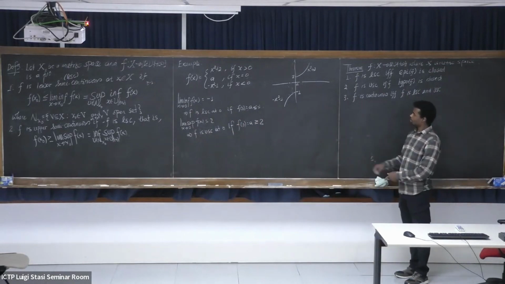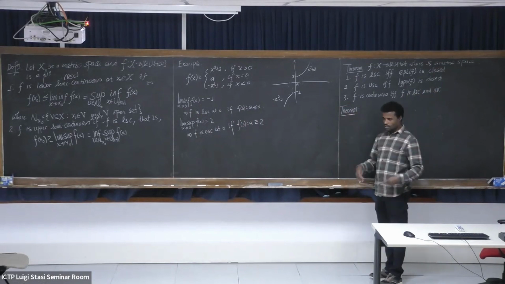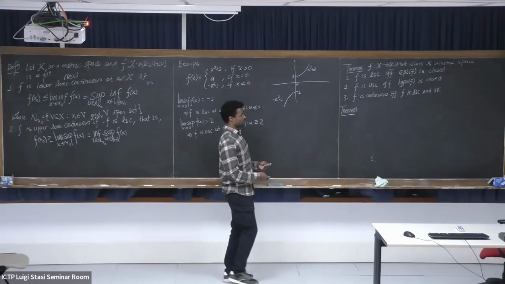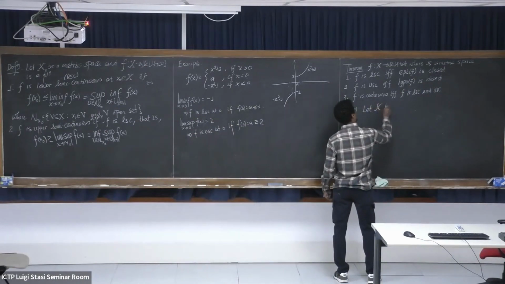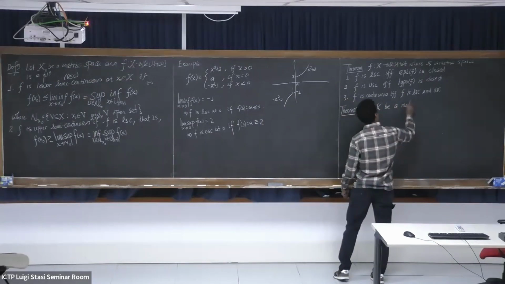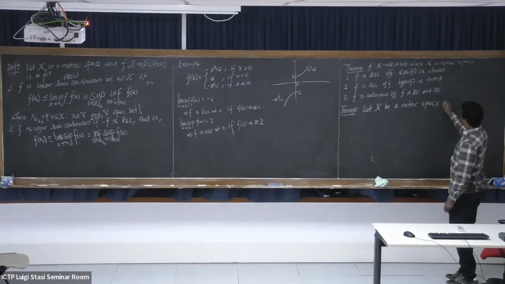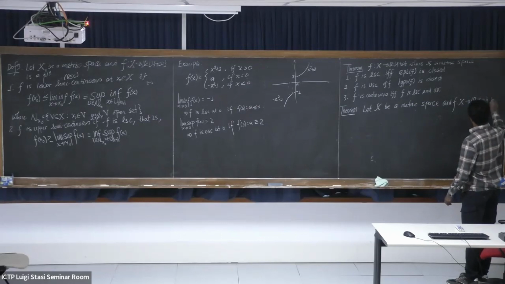So having this, I would like to state this theorem, which is believed to be the next classical result after the Weierstrass theorem. Let X be a metric space and f a function.